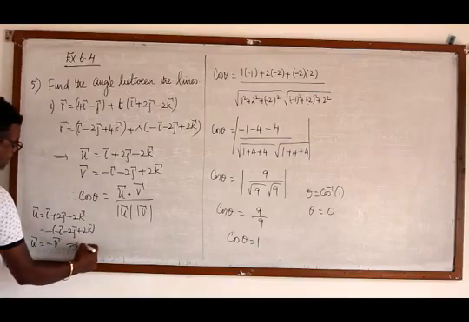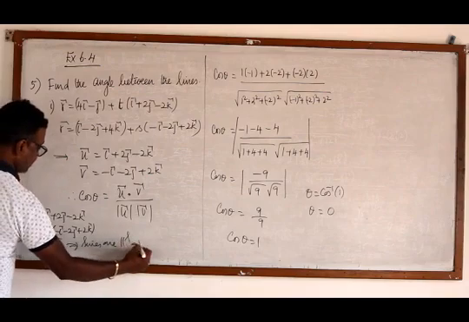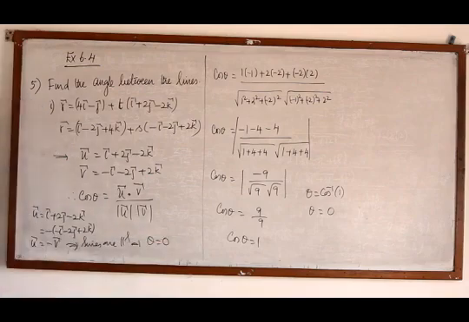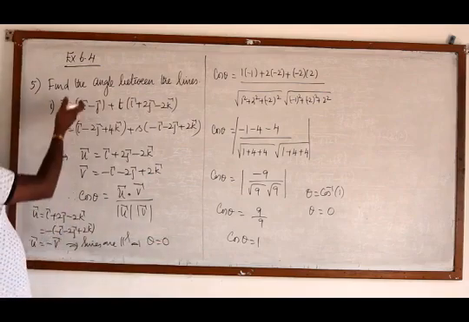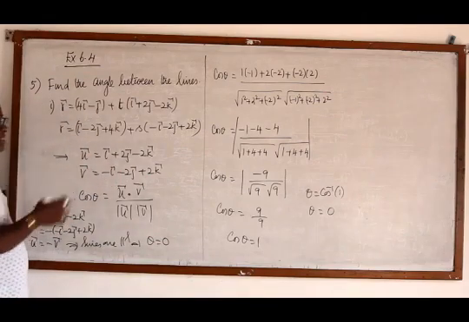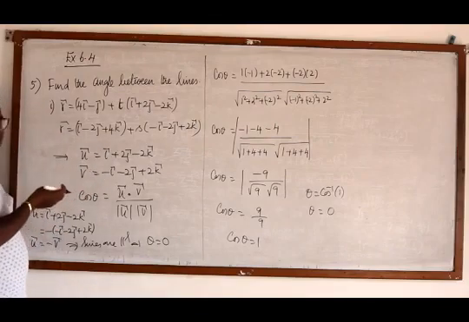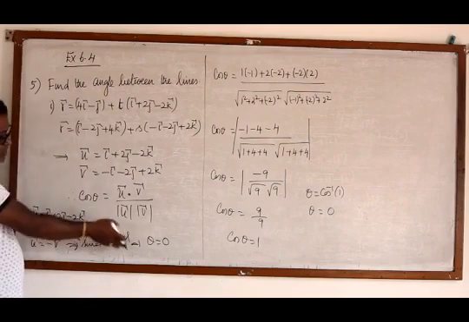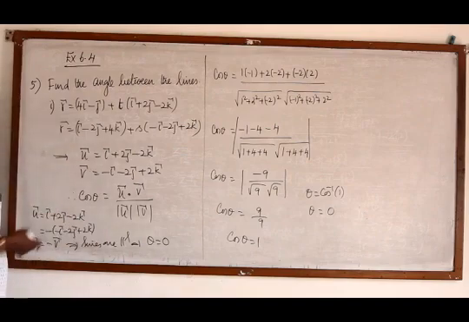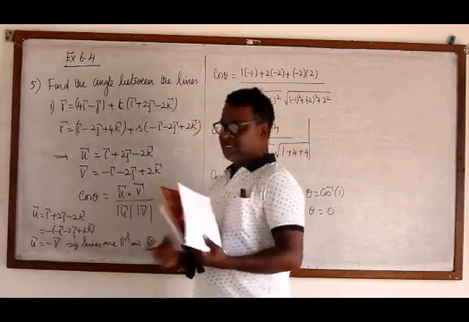Then this implies the lines are parallel. In that case, theta equal to 0. We can prove it like this also. If you are very clear that the two vectors differ only by a scalar, then you can use this straightaway and prove the angle as 0. So this is the usual method and this is the shortcut method.